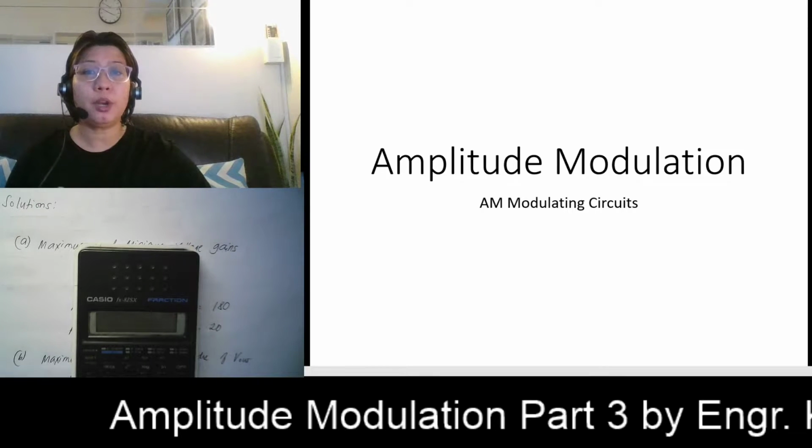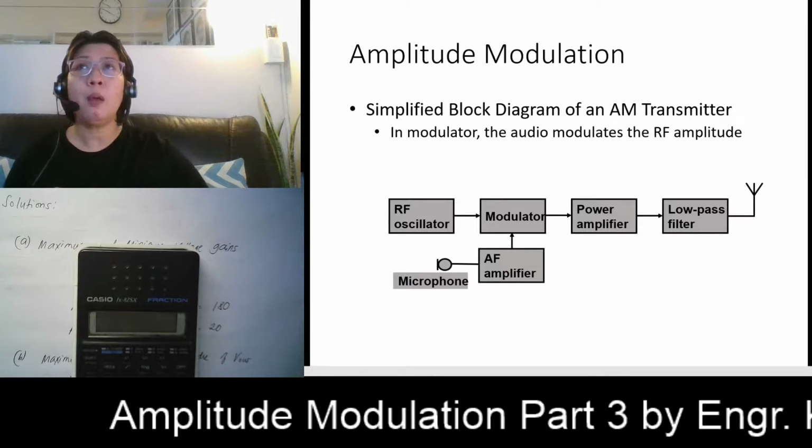To start with, we can see here the simplified block diagram of an AM transmitter. So what happens in our AM transmitter? We have here a modulator, where the audio modulates the RF amplitude.